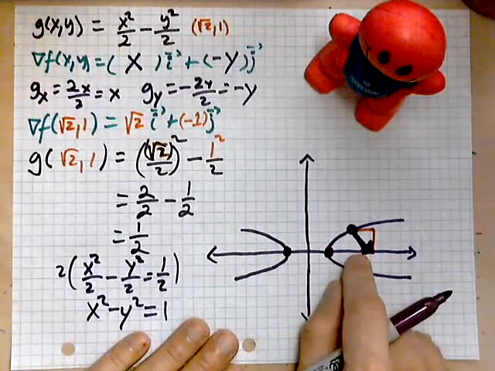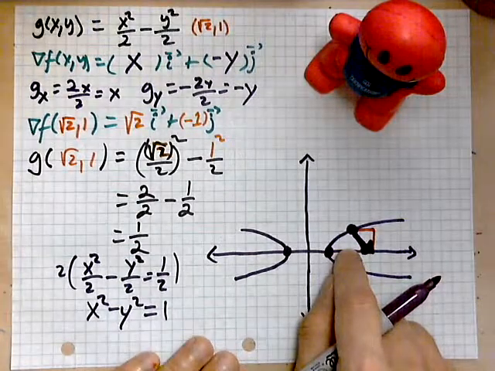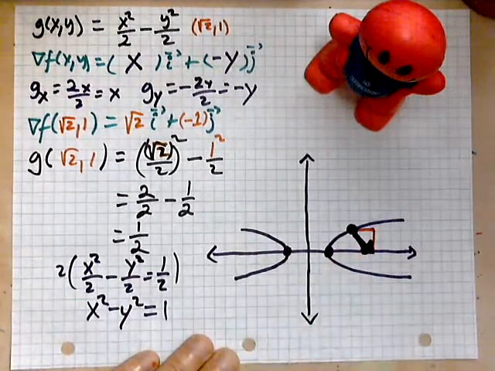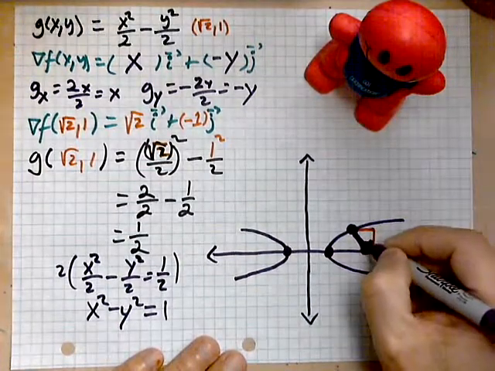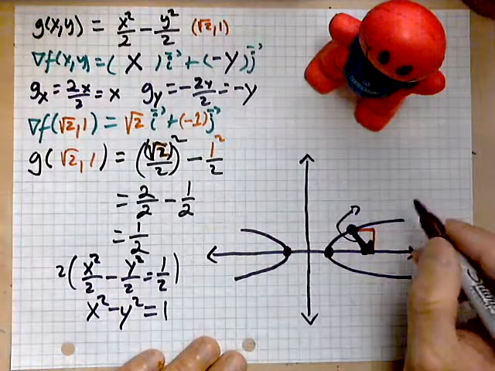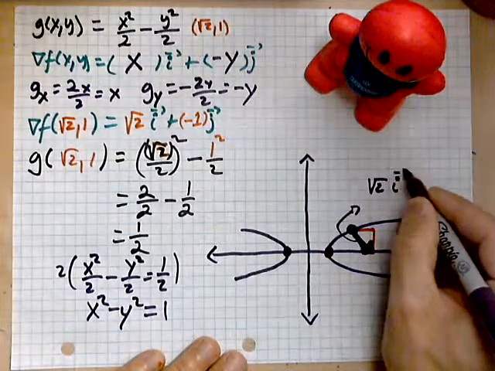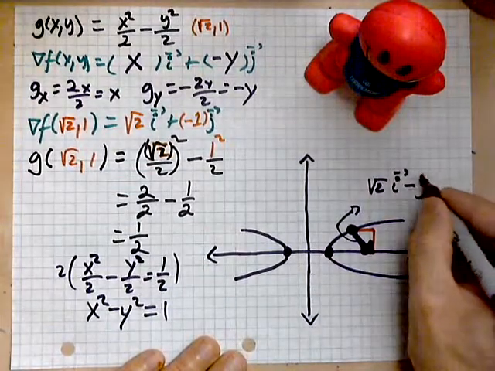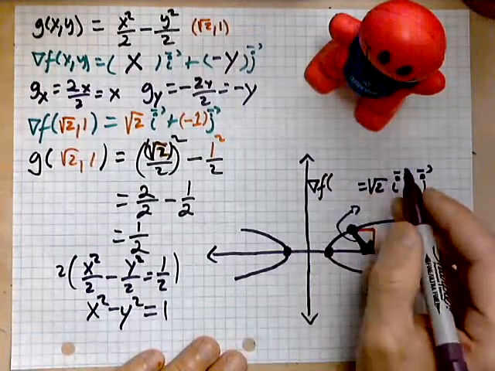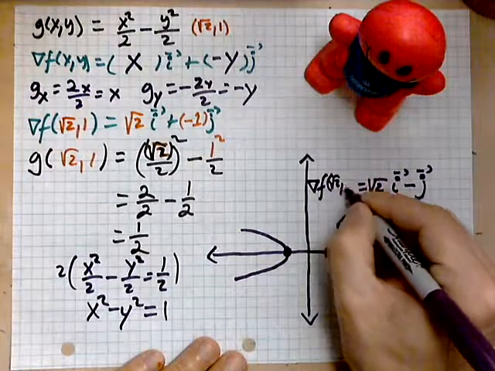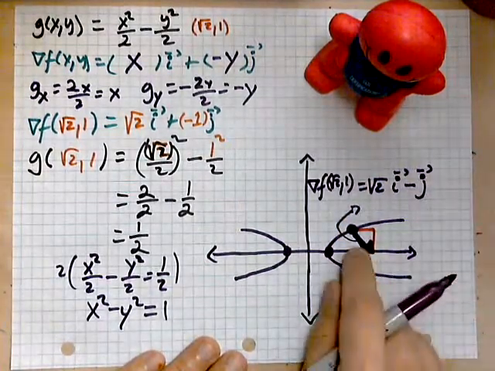This thick arrow is the gradient at that point, and notice it's roughly perpendicular to the contour curve, the level set. People call these all kinds of names. You may want to label this further so it's super clear: root 2 i minus j is the value of the gradient at the point root 2 comma 1.